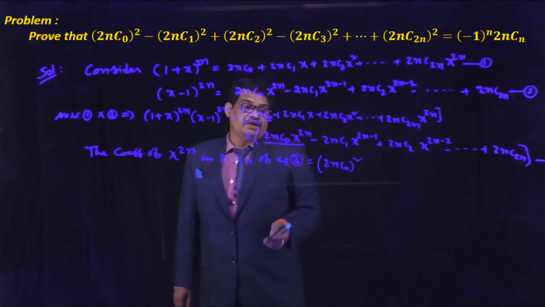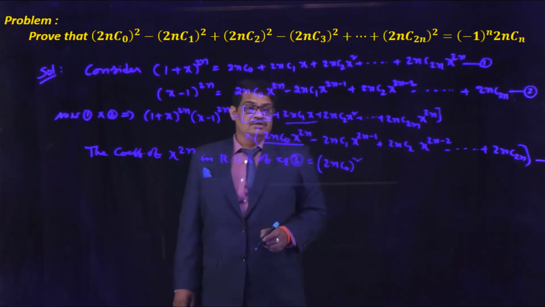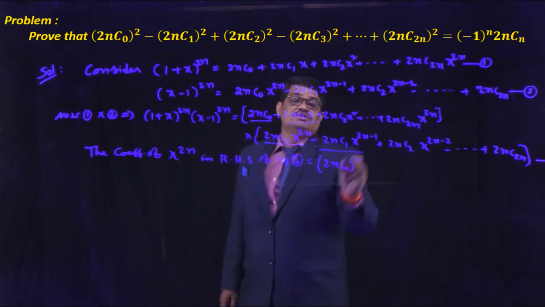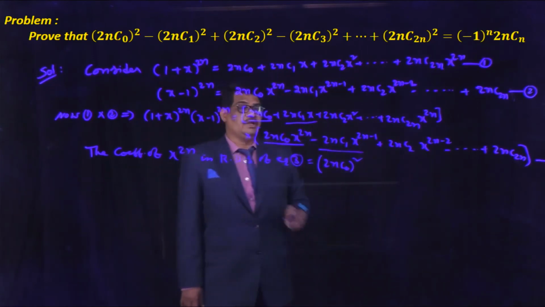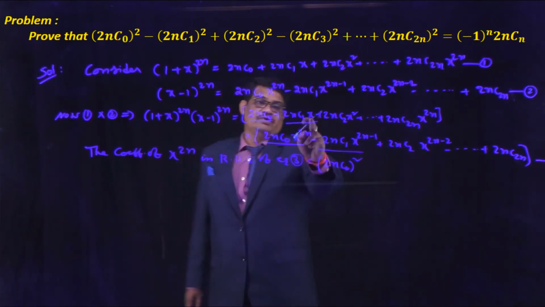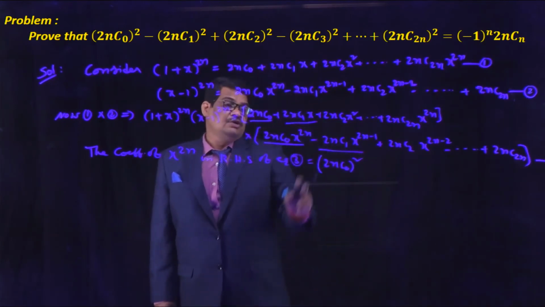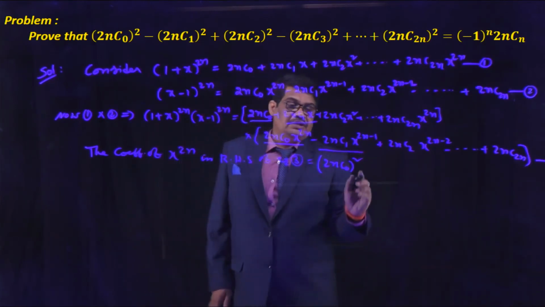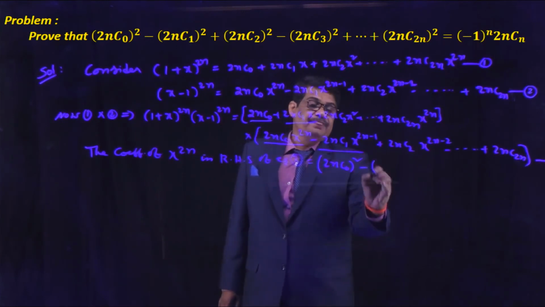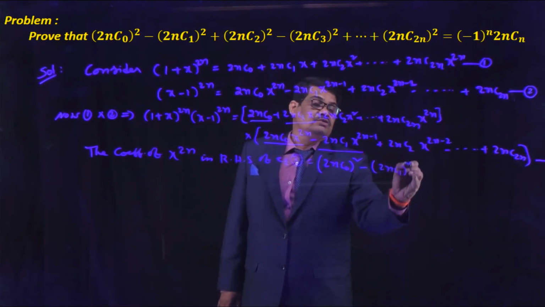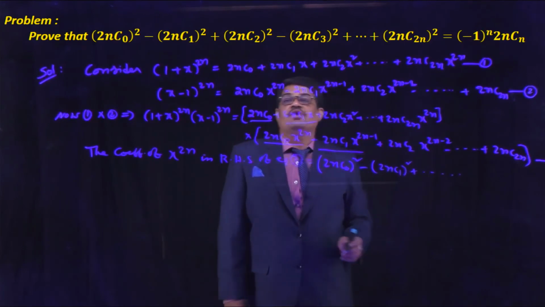In the next one, here 2nC1 x, and here minus 2nC1 x to the power of 2n minus 1. So in the product we are getting x to the power of 2n, and the coefficient is 2nC1 times minus 2nC1, that is minus (2nC1) whole square, like that, and so on.